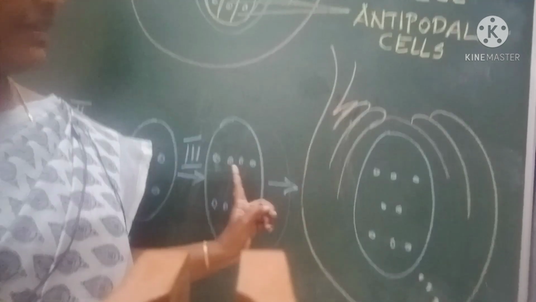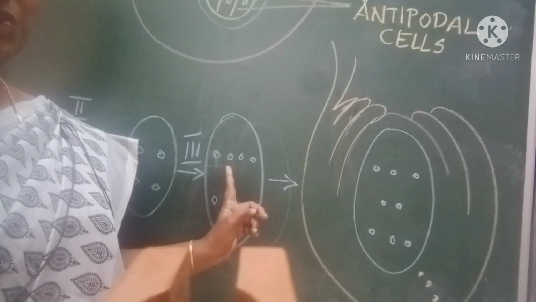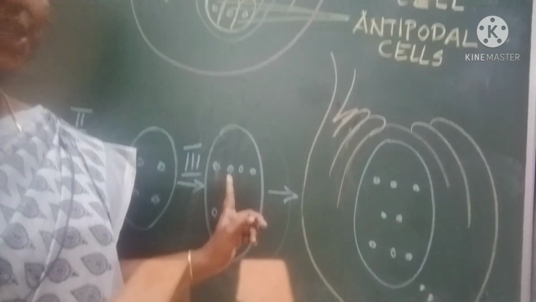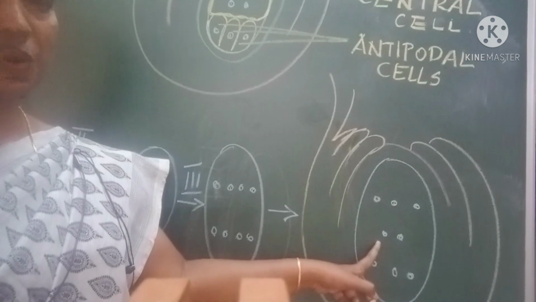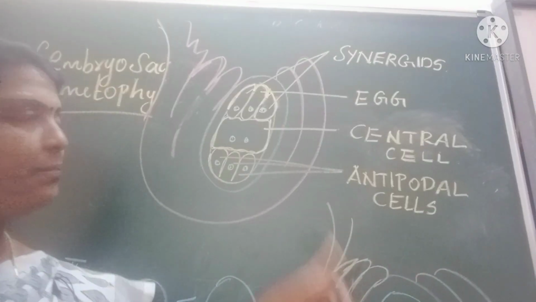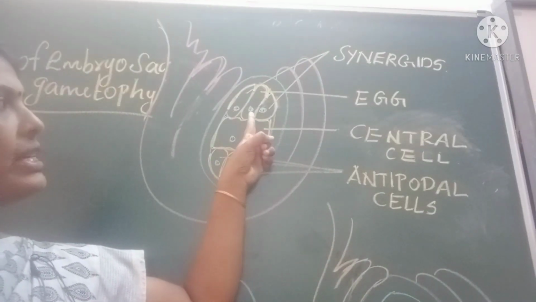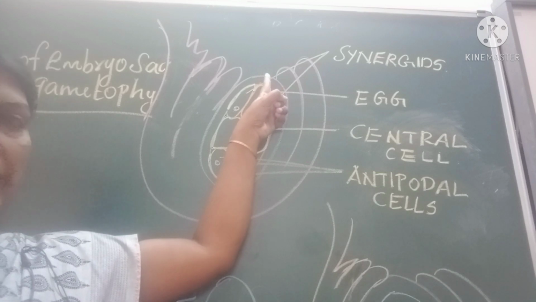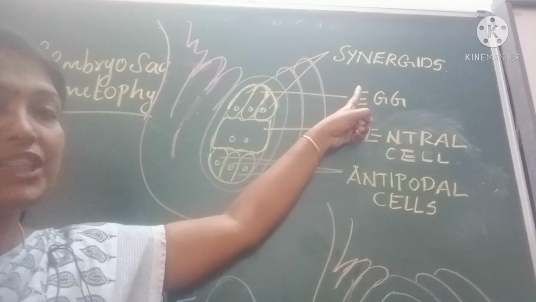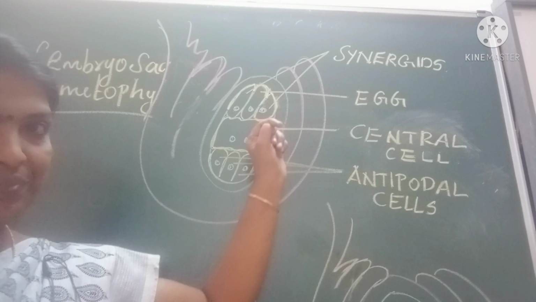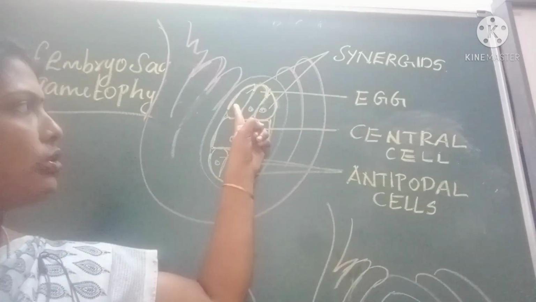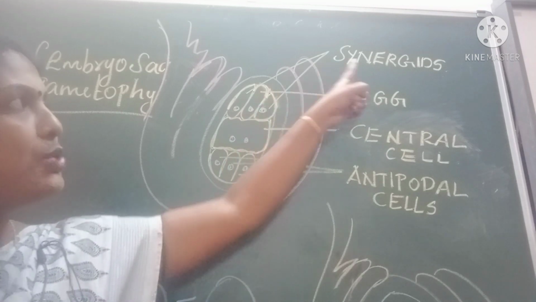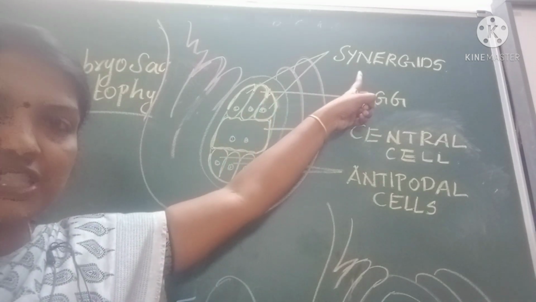So that was the condition that you have studied. Clear? So after the formation of the 8 nucleate condition, a nucleus from each pole will meet at the center. After that cell wall formation occurs. And here you can see the nuclei present towards the micropylar side will convert to the egg apparatus. Egg apparatus means it consists of a central egg, and on the 2 sides of the egg we can see 2 cells, called synergids.